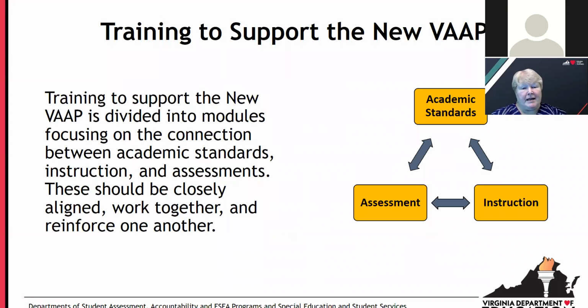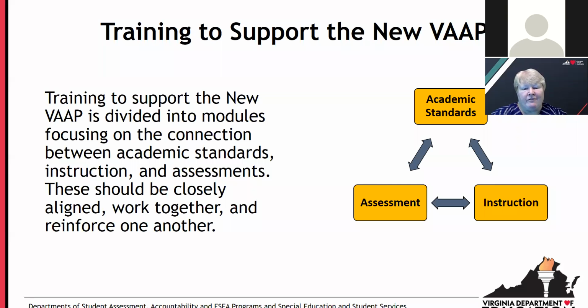So with that in mind, I want to get into what we're going to be talking about today. From here on out, after that introductory webinar, we're planning to provide training in modules, potentially 3 different modules. This is module 1 today. We're focusing on the connection between academic standards, instruction, and assessment.